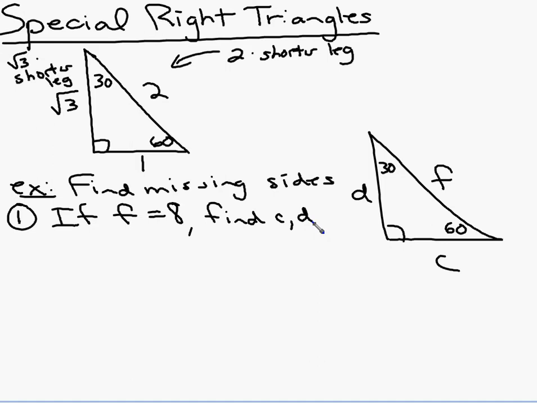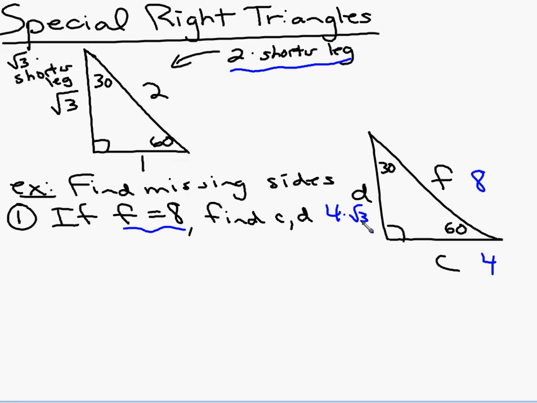All right, a lot of this is going to be easy, but let me just walk through it with you. So if F is 8, that means the hypotenuse is 8, right? Now, didn't we say that the hypotenuse is 2 times the shorter leg? So what's the shorter leg then? 4. And what is the longer leg going to be? 4 times radical 3.